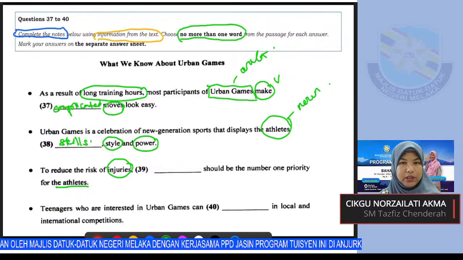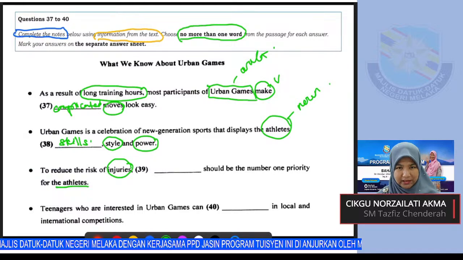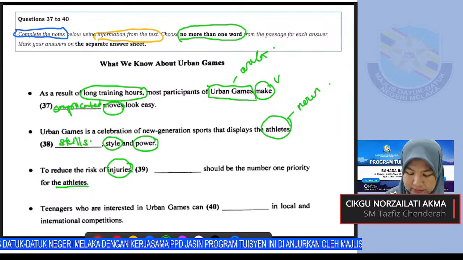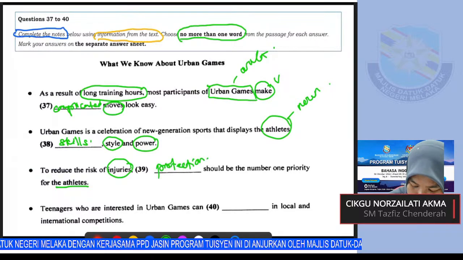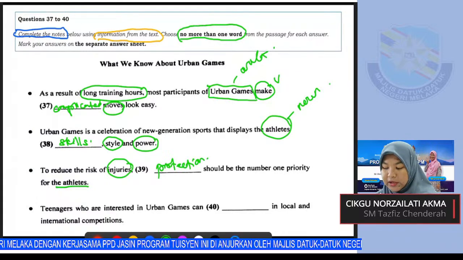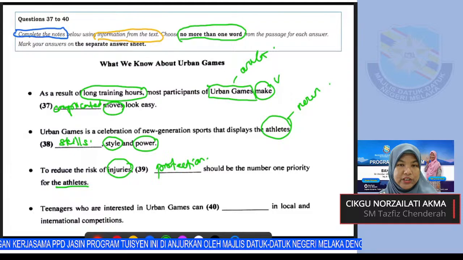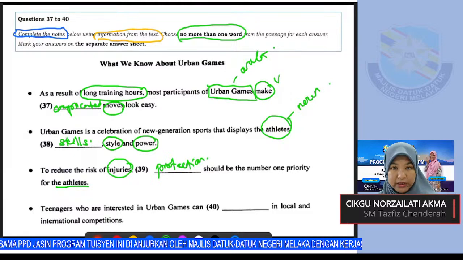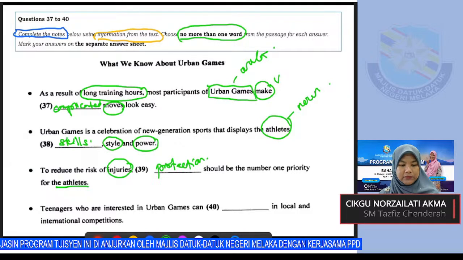If you still remember the equipment, equipment can provide protection. To reduce the risk of injuries, protection should be the number one priority for the athletes. I did not use proper gear because proper gear has two words there, so I use protection.